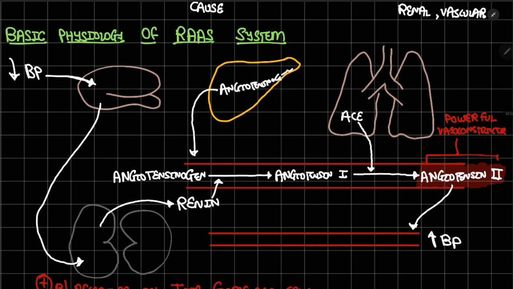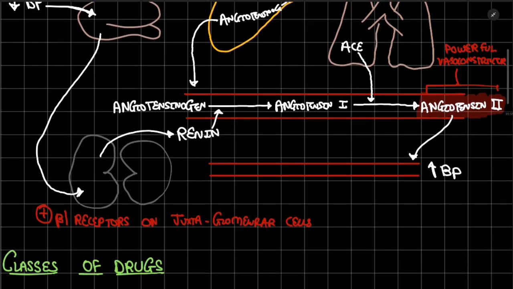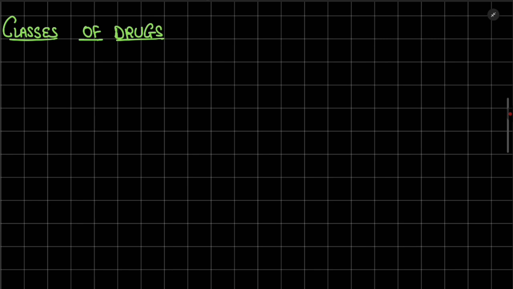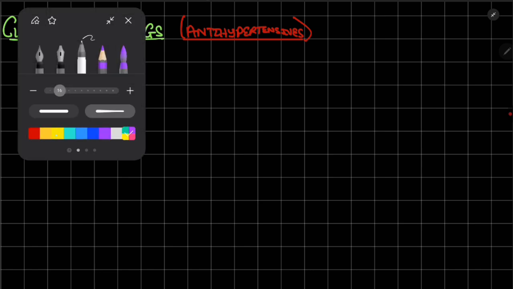I will come back to this RAS system, but first let me write the classes of drugs which are antihypertensives. I will first write these classes and then explain them to you one by one.